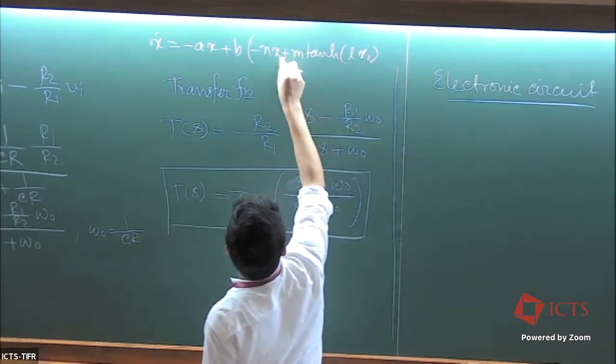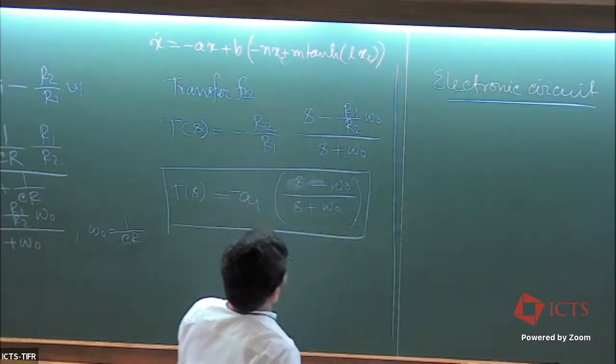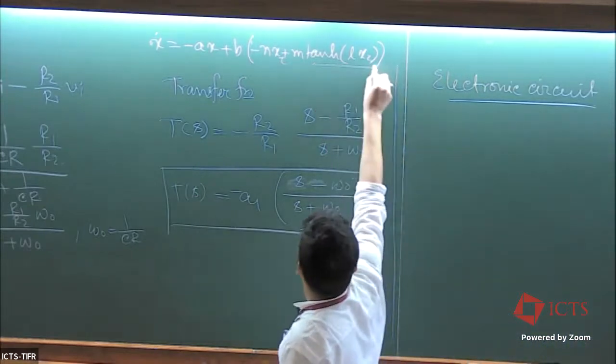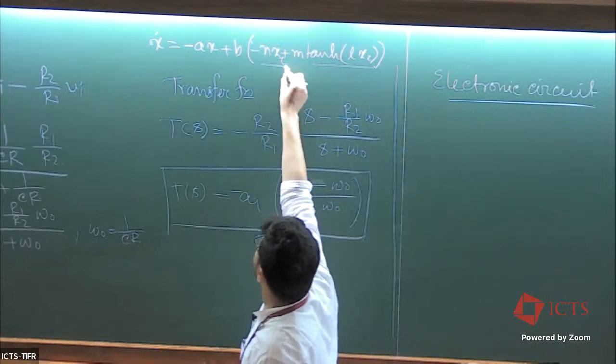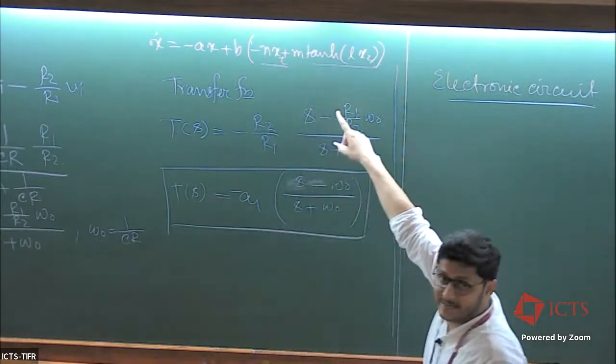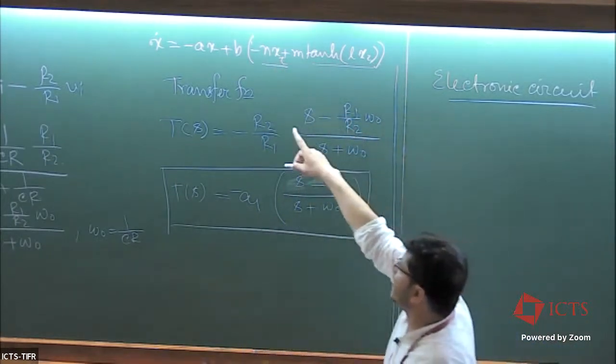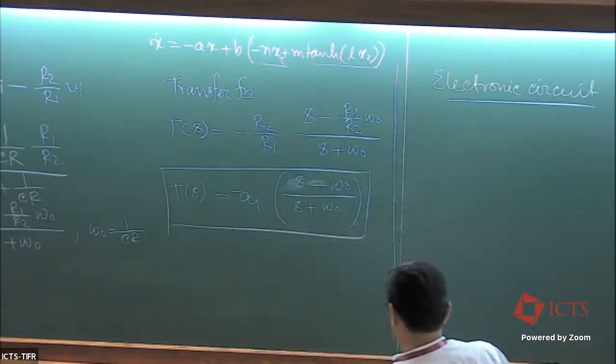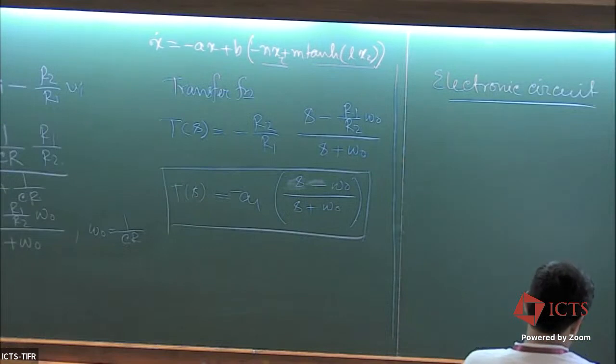Actually, this one is tau. So I have to design some blocks, like a tan hyperbolic block and a simple linear block, and then I have to pass it through some filter.